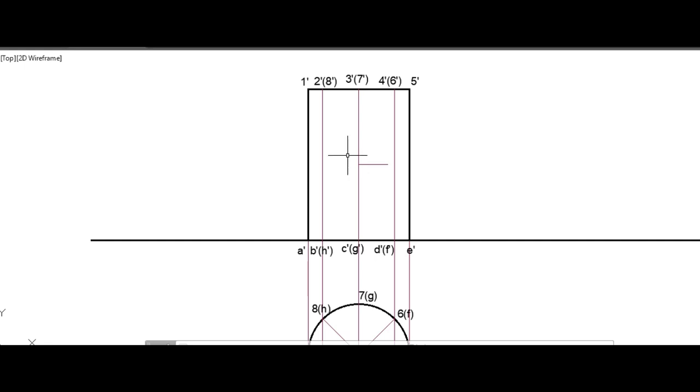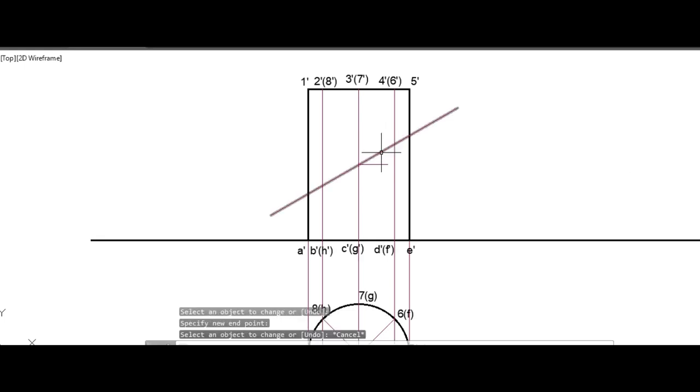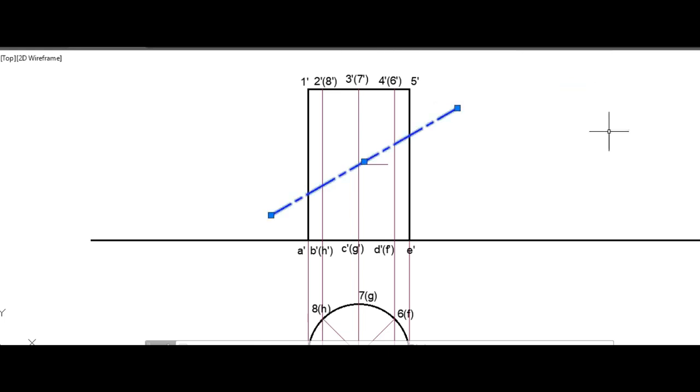You have to use a protractor here to draw the section line accordingly. The section line will be like this. So the section line is shown.